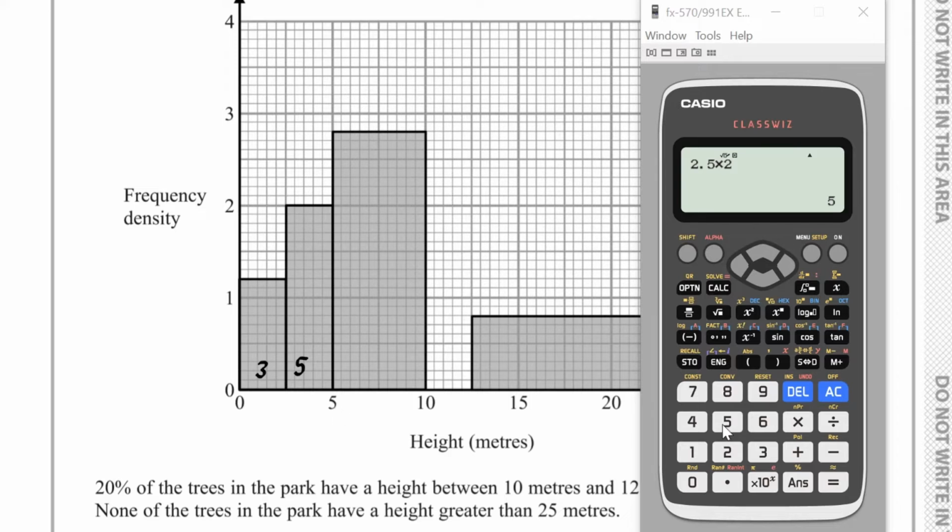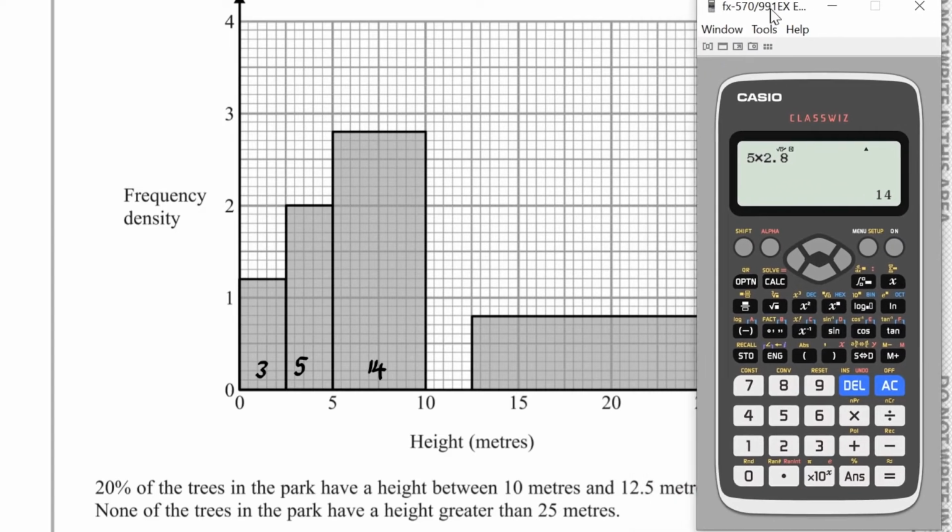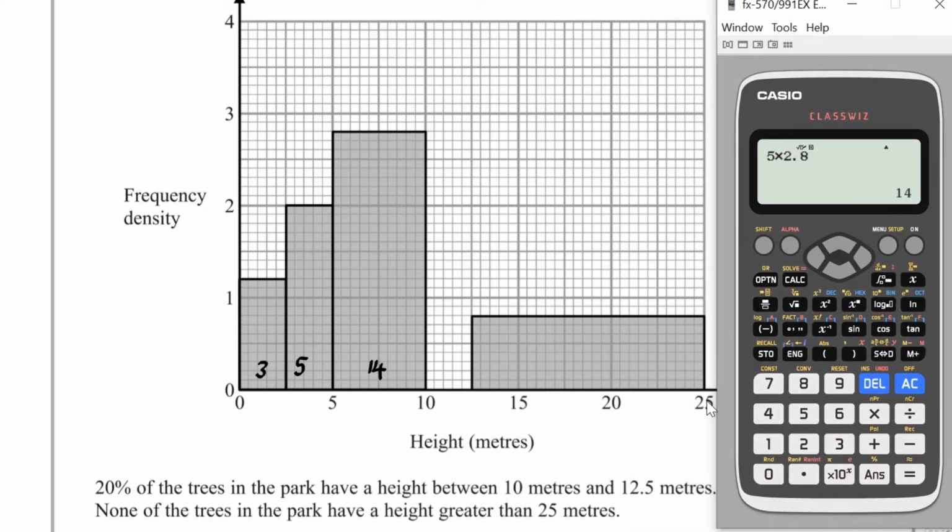Here we've got a base of 5. We've got a height of 2.8. So here we get 14. And for the other one, we've got here a base of 25 take away 12.5.